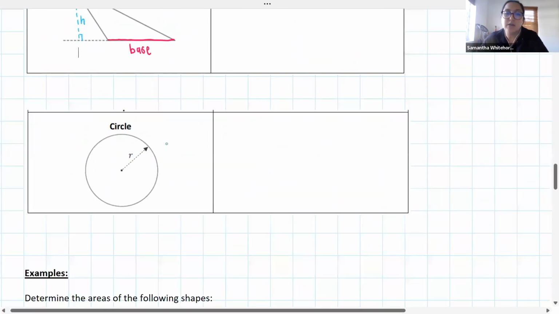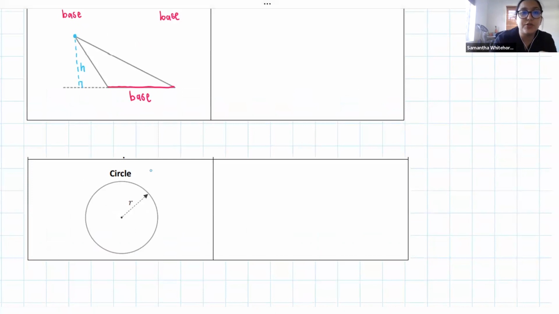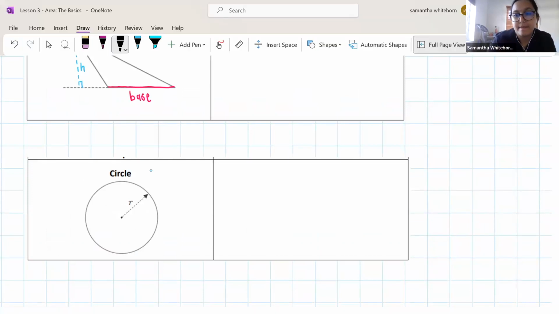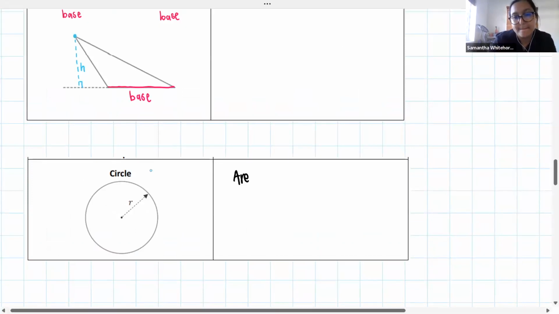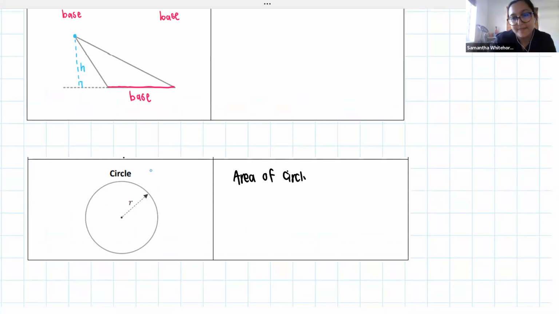Right, does anyone know how to work out the area of a circle? So Nyanya was just waiting for it. Absolutely. The area of a circle is pi times r squared.